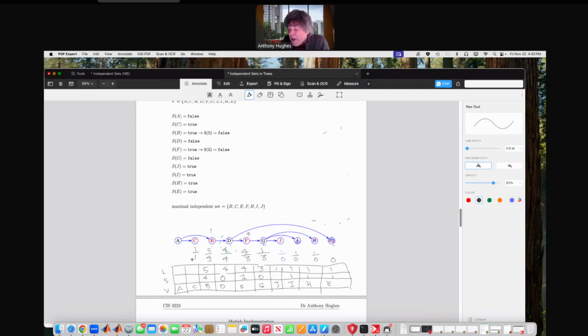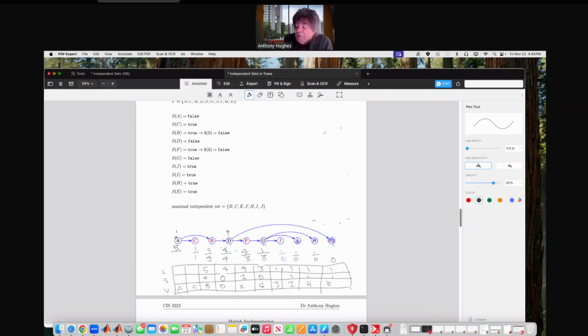Now let's finish off with A. We got 2 choices for A. A, we can include, but if we include, we cannot include C, we cannot do B, we can only do the grandchild, only one grandchild here, D. D is 4, so if we include A, we only get 5, 1 for A and 4 for D. That gives you 5.